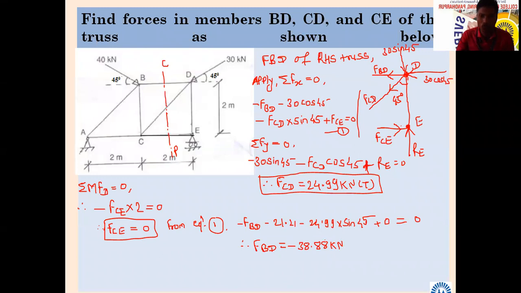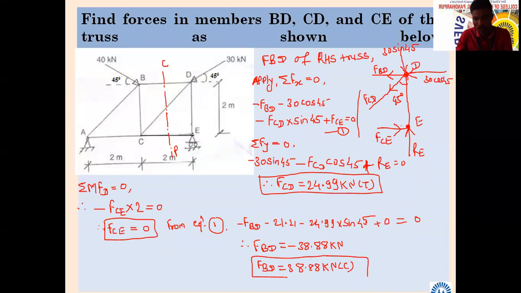So it is coming negative for FBD. We have assumed it is tensile, so actually it should be compressive. So FBD is 38.88 kilonewton, which is compressive, because we have assumed it tensile.